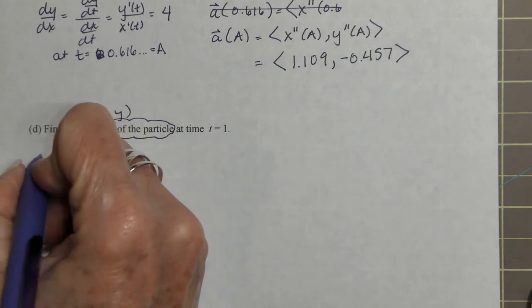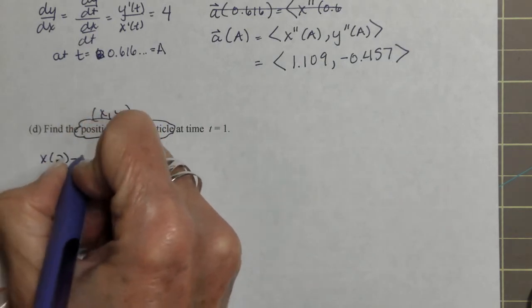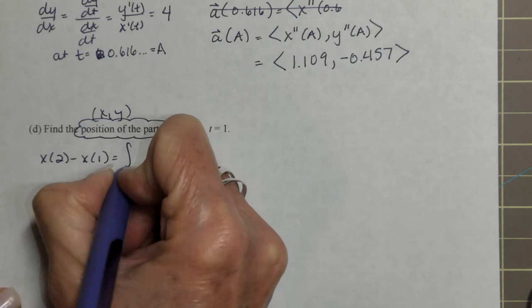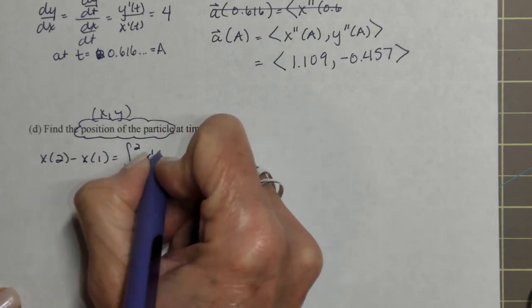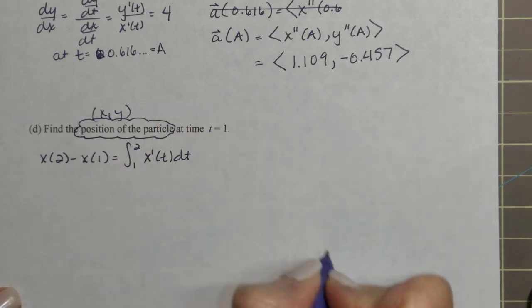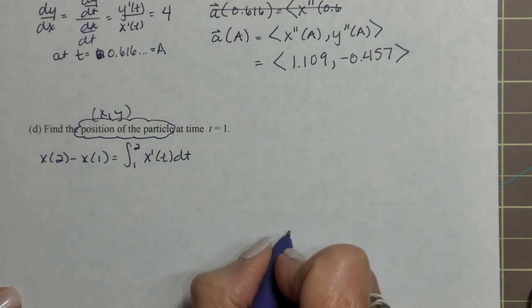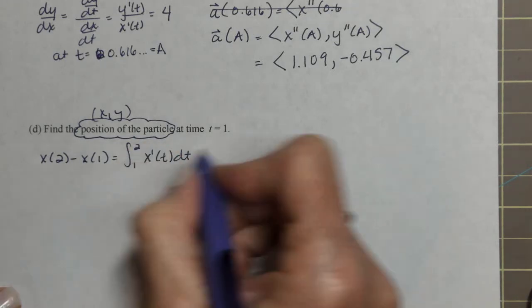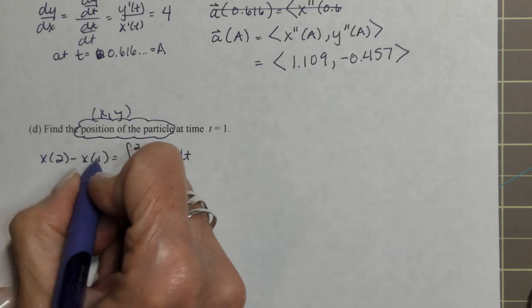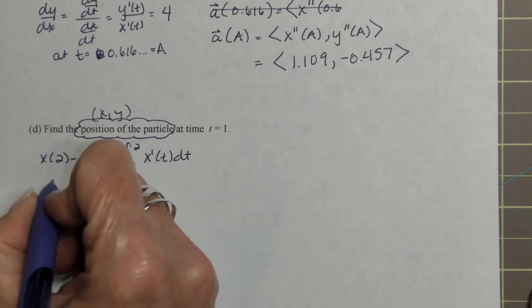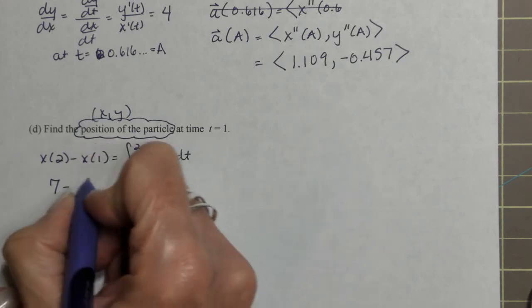So I'm going to set up fundamental theorem. X of 2 minus x of 1 is the integral 1 to 2 of x prime. Okay? Which means that I'm looking for x of 1. I was given x of 2 is 7.